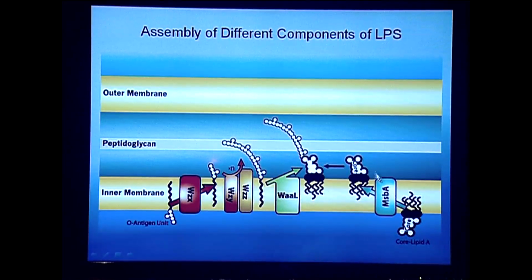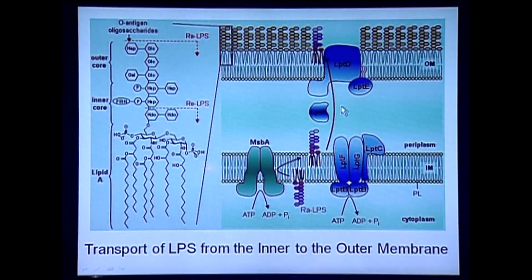So, MSBA is producing one part of this molecule, and WZX, Y and Z is producing the other part, and finally the WAAL is actually connecting these two, and once it is ready to be launched, it is being launched by this particular group of molecules which are LPTD, E, A, C, F, G.